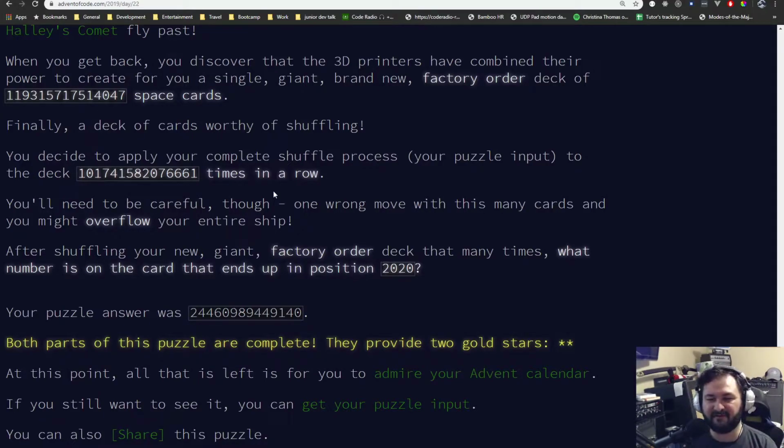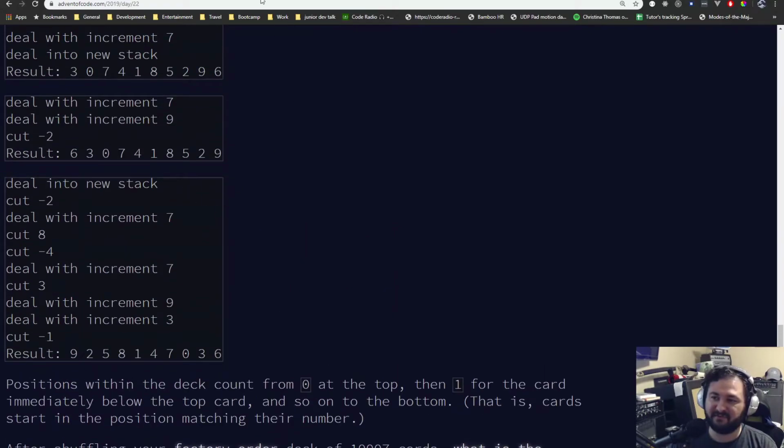I've certainly never had to reverse a calculation that I modded. And that's kind of what you have to do because they ask you what is the number of the card that ends up in position 2020. So you need to go backwards and unshuffle the deck, or reverse these operations they talk about. A lot of people complain about this one, myself included.